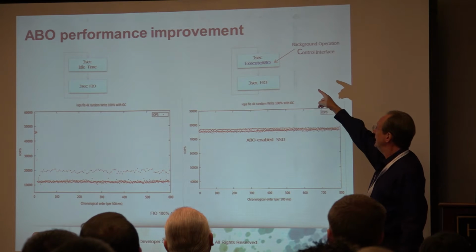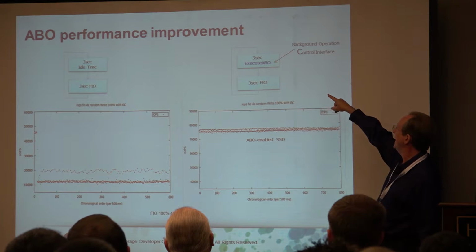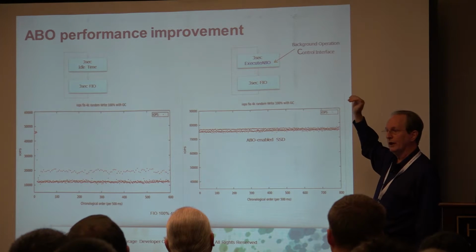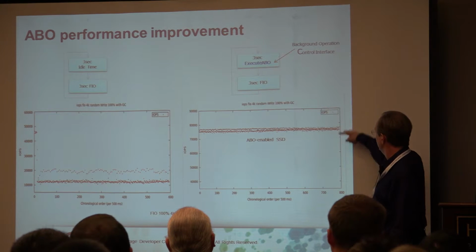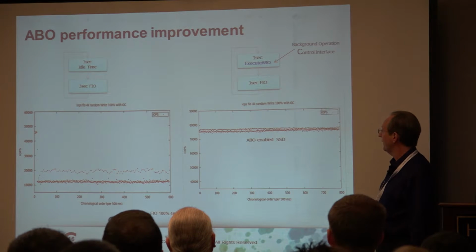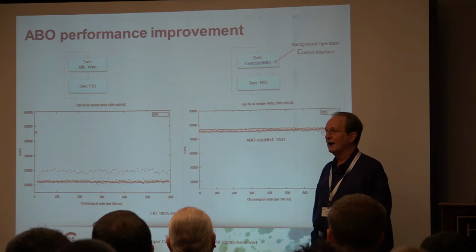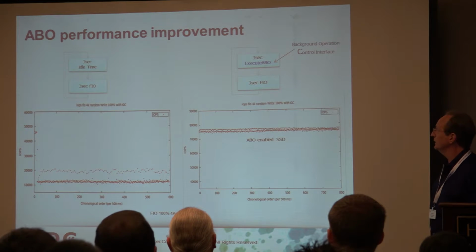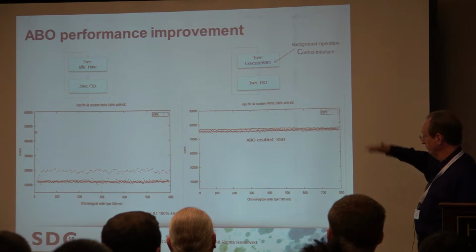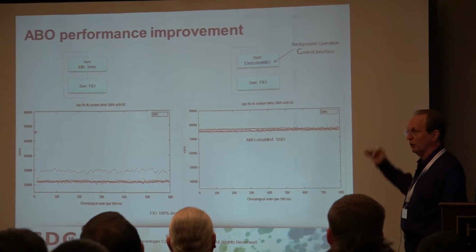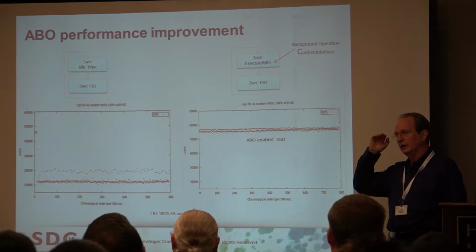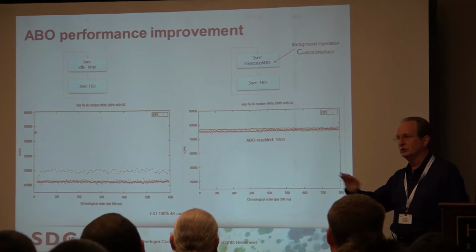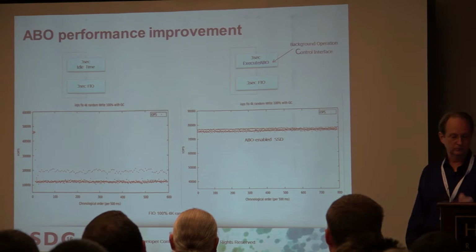When instead, during that idle time, we say, this is idle time, do advanced background operation, you see we come all the way up to about 75,000 IOPS. A very significant increase in the IOPS available if you know when that idle time is and tell the device, go do your garbage collection.